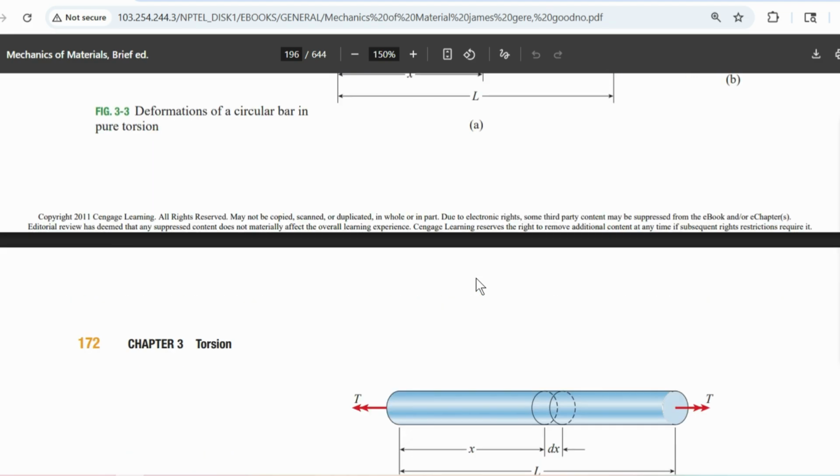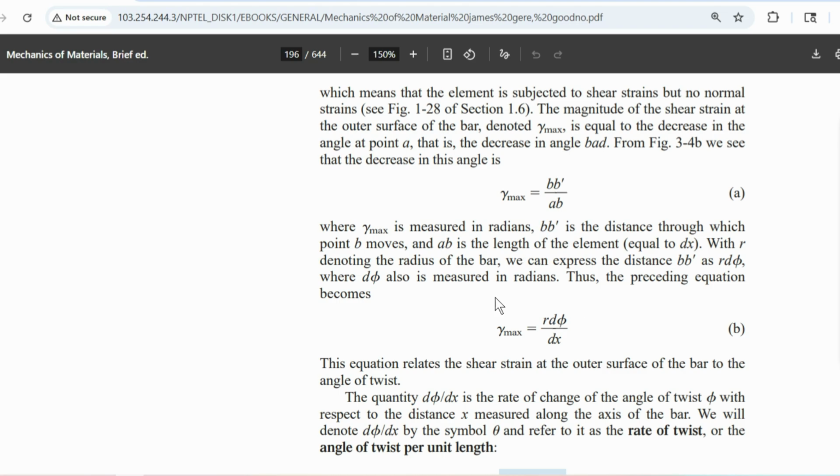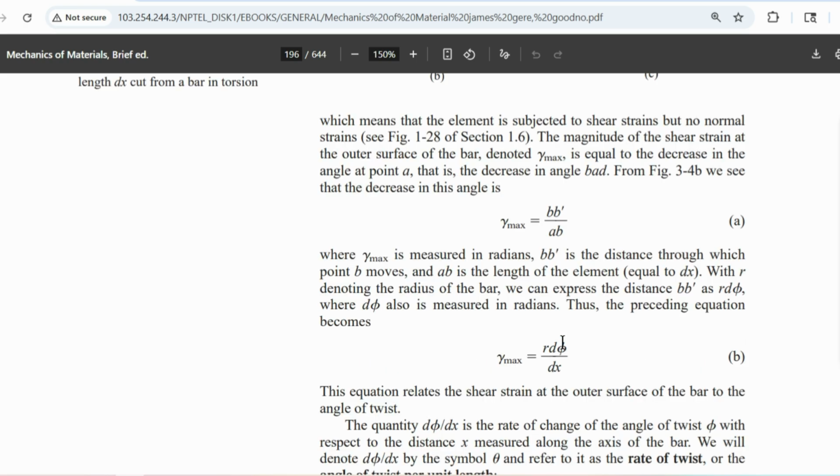So let's take a look at that equation, because isn't it a differential equation? So we have d phi dx, yeah, that's a differential equation. That's the change in that angle when you change x, multiplied by the radius. So the radius times the rate of change.